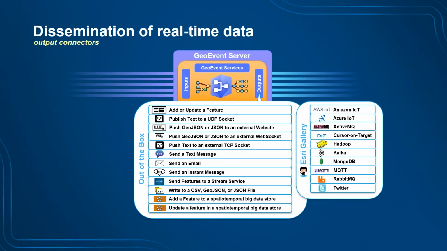And just as with input connectors and processors, there's a number out of the box, but some additional ones are available for download from the gallery, such as connectors that allow you to write into big data repositories like Hadoop or MongoDB, or to send actuation commands to Amazon IoT or Azure IoT hubs. And of course, you can write your own using the SDK.